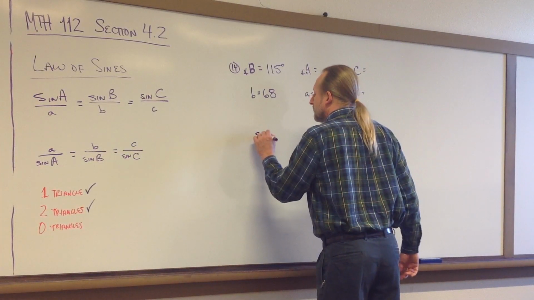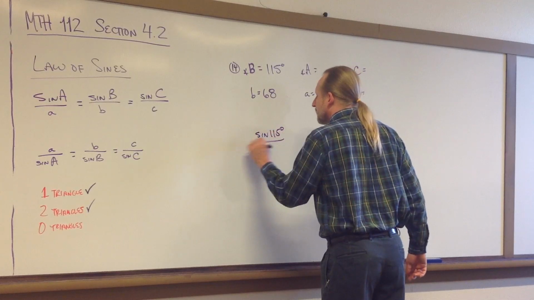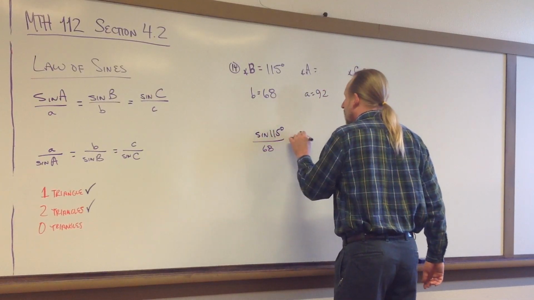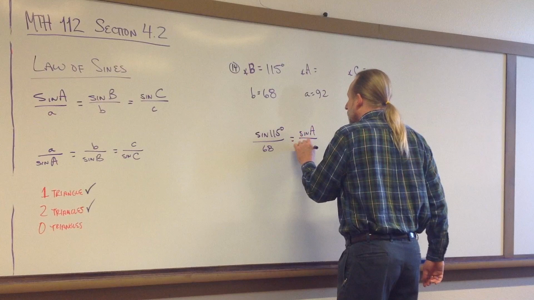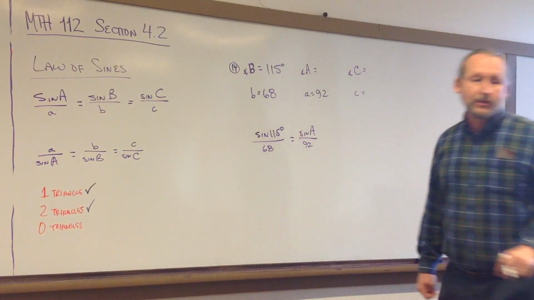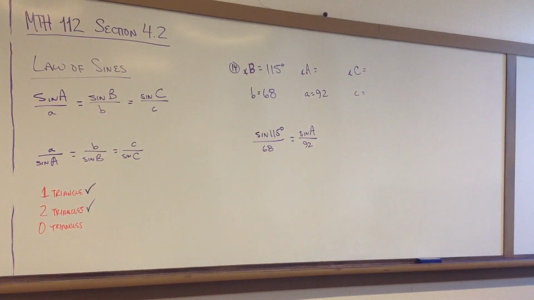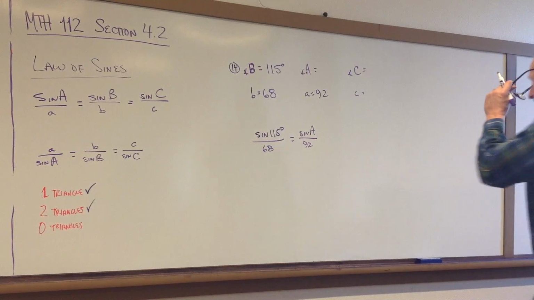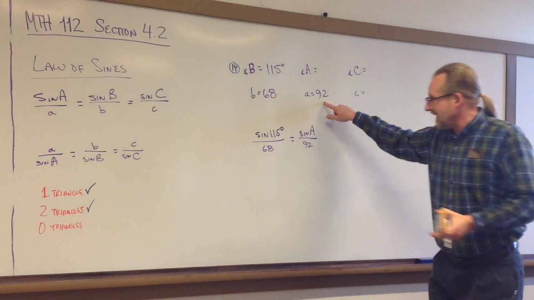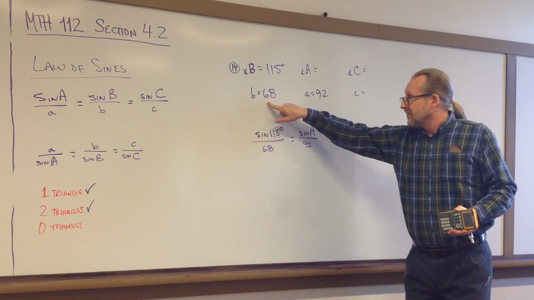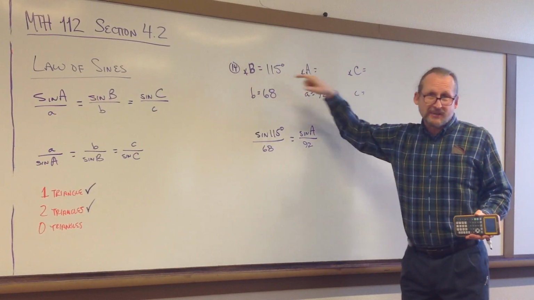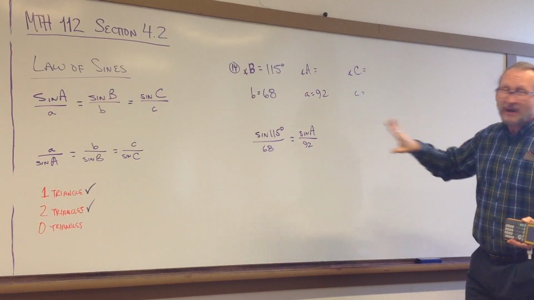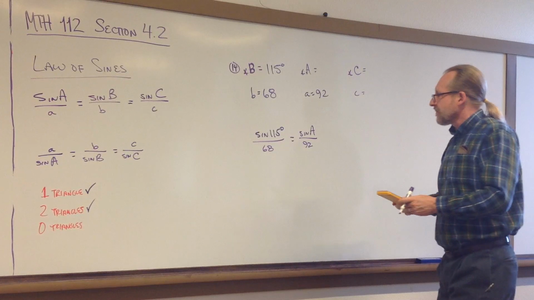So we're going to say sine of 115 degrees over 68 equals the sine of A over 92. Now notice how this side is even bigger than this side, which says that angle A should be even bigger than angle B. That tells me this is probably a no triangle situation.